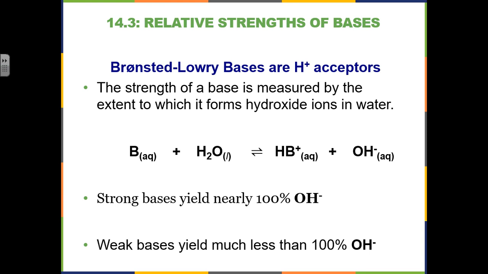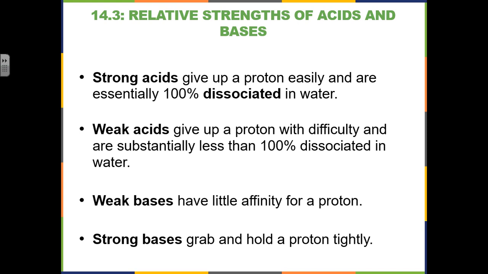Now, when we're talking about your bases, their effectiveness is based on their ability to yield nearly 100% of hydroxide ions. If something is a weak base, it will not yield as many hydroxide ions. Very similarly to the idea of a strong acid and a weak acid.